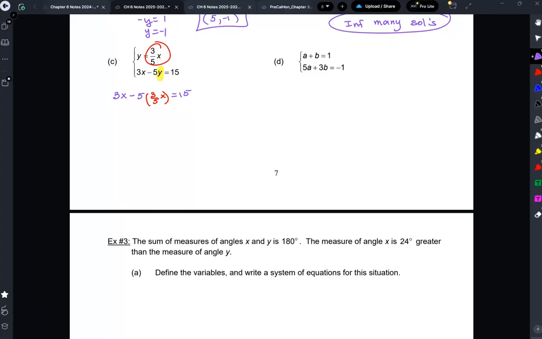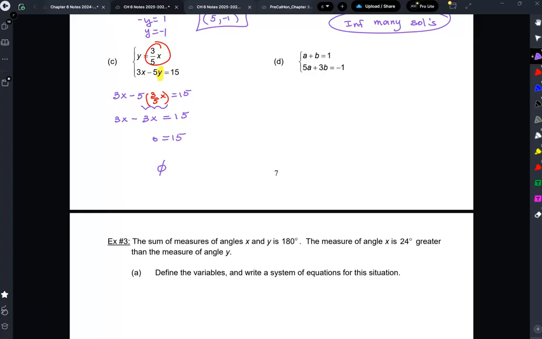So this is 3x minus, how much is all this going to be? 3x. What now? 0 equals 15, and then no solution.